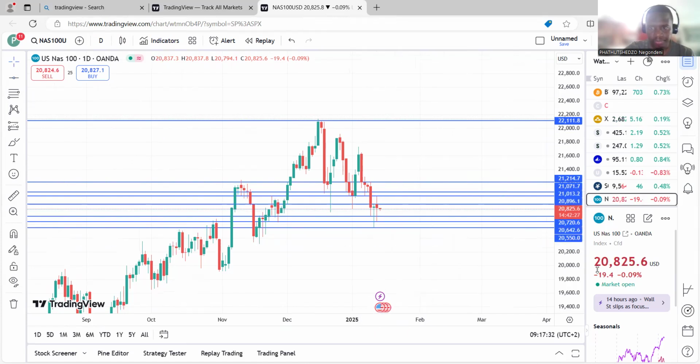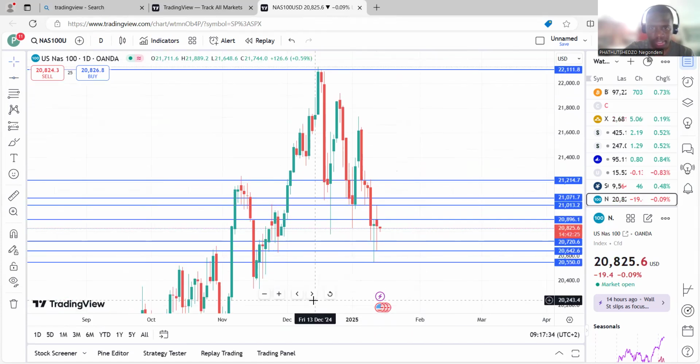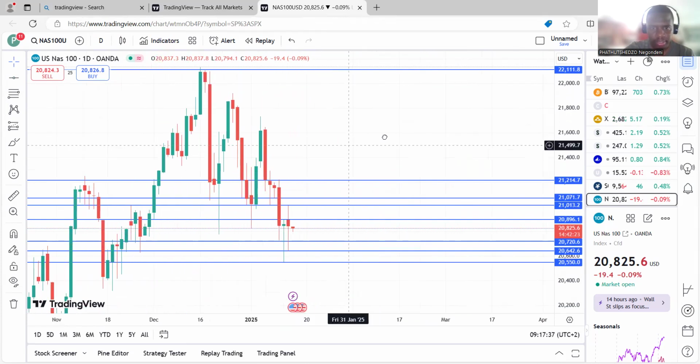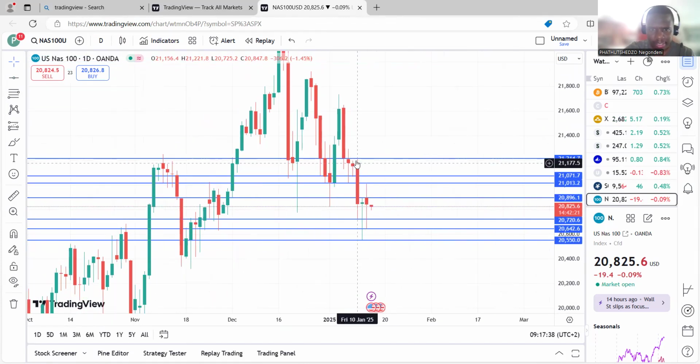Marking this low, as you can see, nicely marked there. I'm not gonna mark the high of this candlestick of 9 January because it's just next to the high of the candlestick of 10 January. So I don't feel it's important for me to mark it.